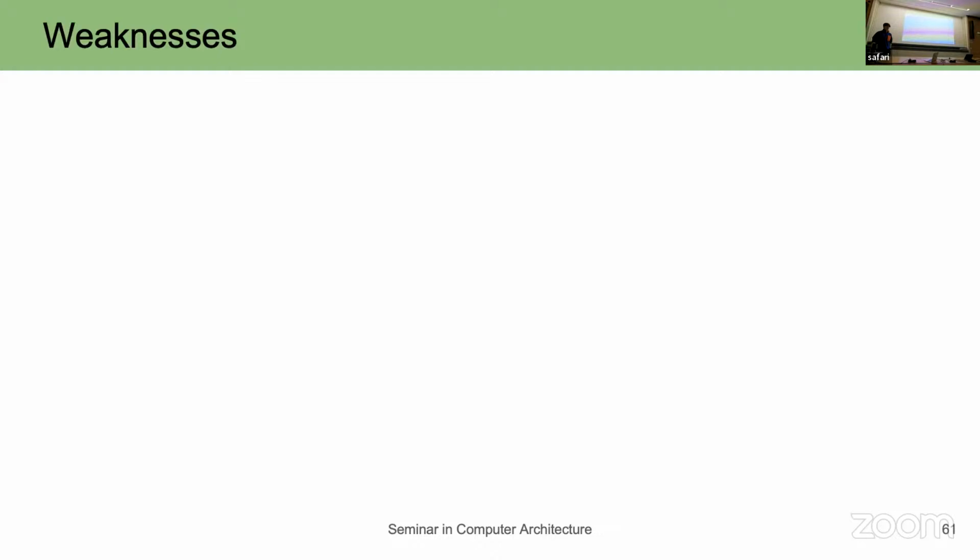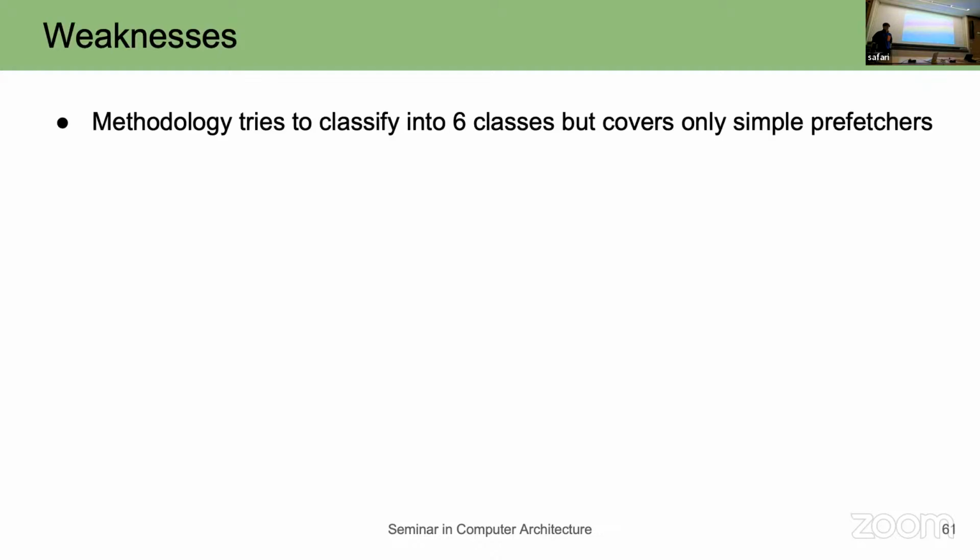As for the weaknesses, the methodology tries to classify into six memory bottleneck groups, but it only covers very simple prefetchers. And as we've seen in previous talks, there are many more very complicated prefetchers. One could argue that you can break those six classes further down to be more specific by looking at different types of prefetchers.